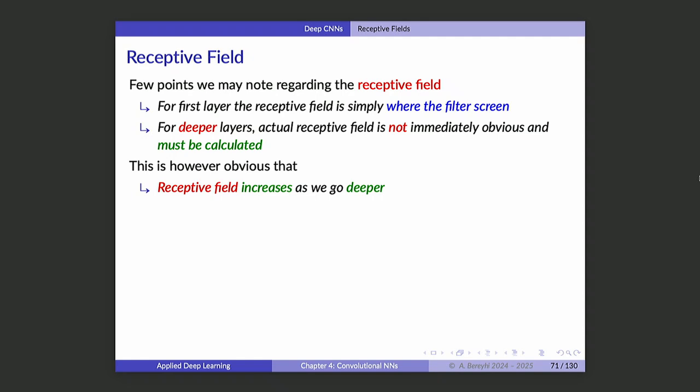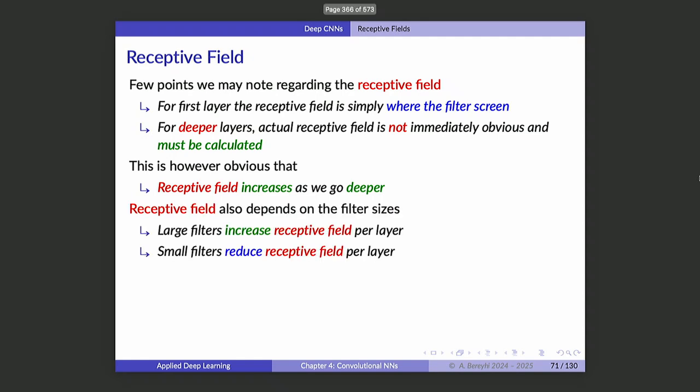Question? So this is one key or one important idea here, which is telling us that if we are going deep inside a convolutional neural network, the thing that is happening is that every layer is somehow expanding the region where it's looking at the input, right? So your very first layer is just scanning your input very precisely.